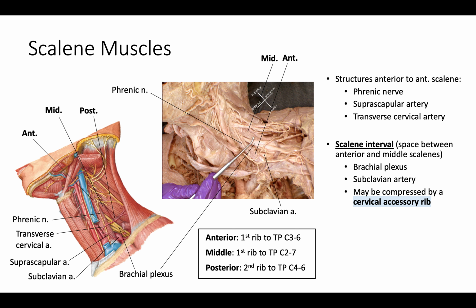If for some reason a person has a cervical rib, where a rib is coming off of the cervical vertebrae rather than normally off of the thoracic vertebrae, it may compress this. So that might be something that you may see or find in lab. You just want to see that the brachial plexus and subclavian artery are going between anterior and middle.